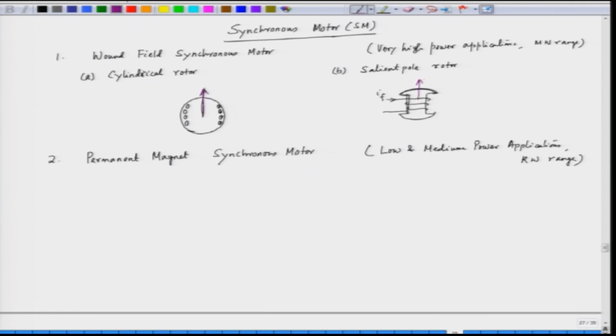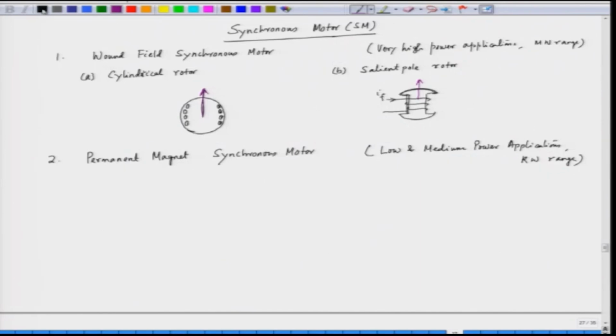In a salient pole rotor, the air gap is non-uniform. On the other hand, in a cylindrical rotor the air gap is uniform. So, the air gap is uniform here, and in this case the air gap is non-uniform.